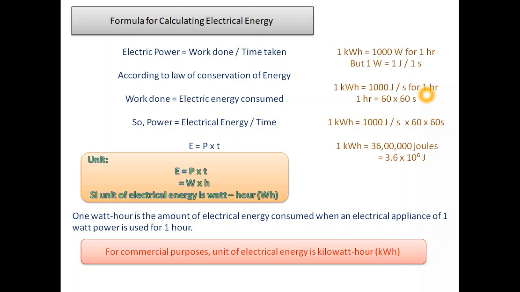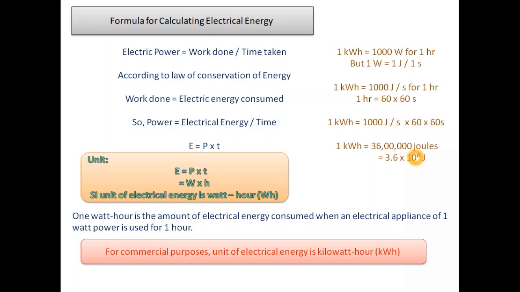Now we know that 1 hour is equivalent to 60 minutes and 1 minute is equivalent to 60 seconds. We convert this 1 hour into seconds because joule is the smaller unit, so time should be in seconds. So 1000 as it is, joule divided by second as it is, and for 1 hour I am writing 60 into 60 seconds. If we solve this, we get 36 lakh joules, that means 3.6 into 10 raised to the power 6 joules.